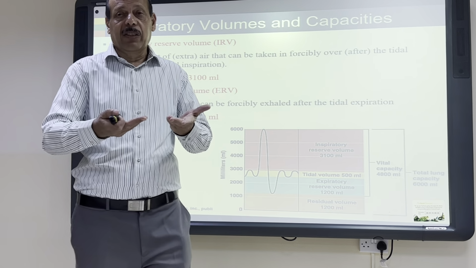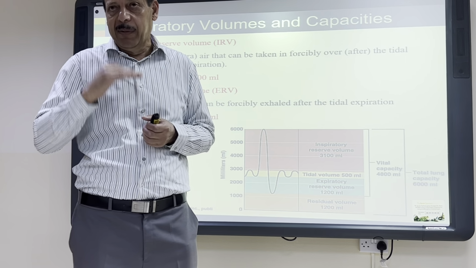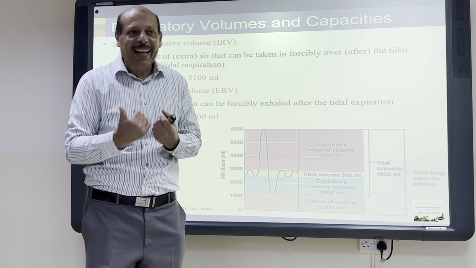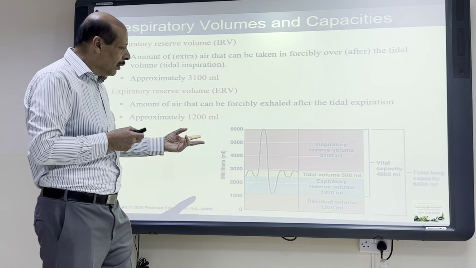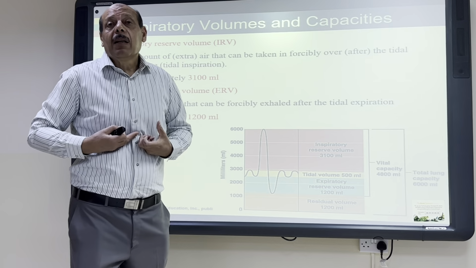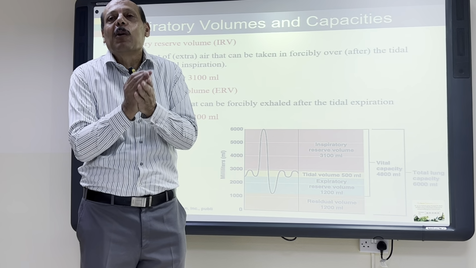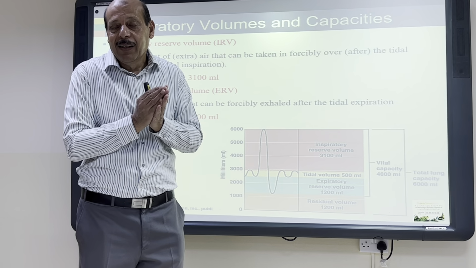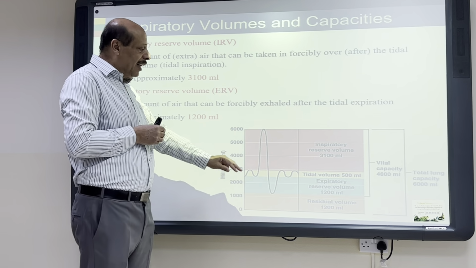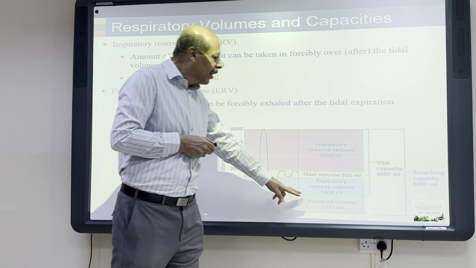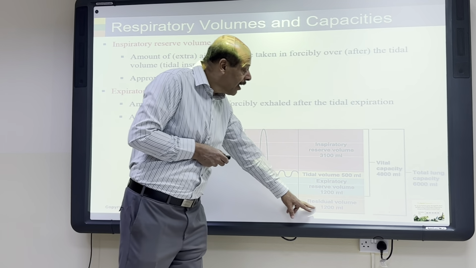After expiration, we said that the tidal volume is around 500 ml that I will breathe normally in and out in each breathing at rest. After exhalation, my lung will not collapse and be completely empty of air. So air is still there. The air which is still there, we call the expiratory reserve volume, which is 1,200 ml, and residual volume.